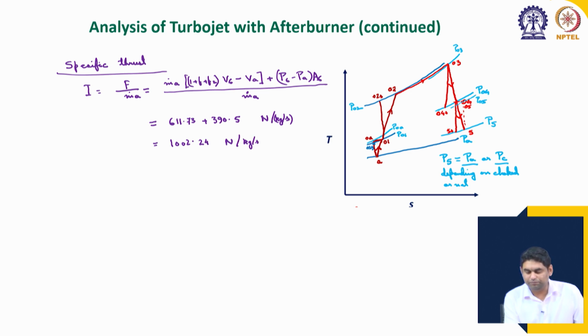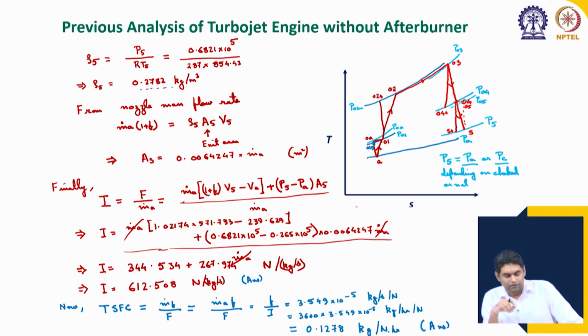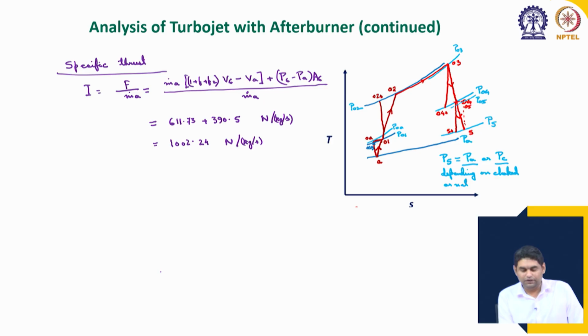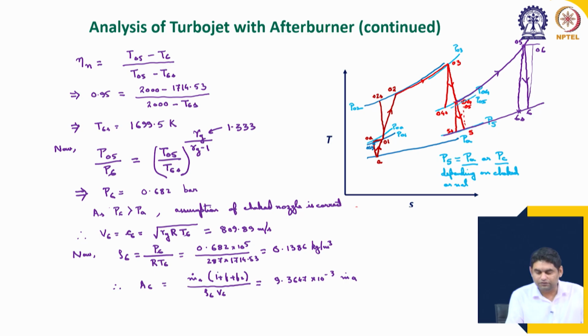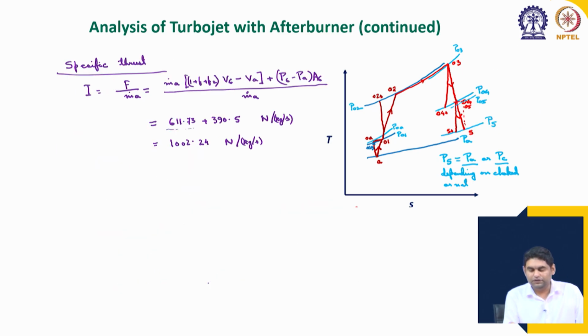How does it compare with the previous case? In the previous case, the momentum thrust was 344.5, and now it has increased quite drastically to 611.73. What about the pressure thrust? Pressure thrust was 267.97, so this has also increased, now equal to 390.5.